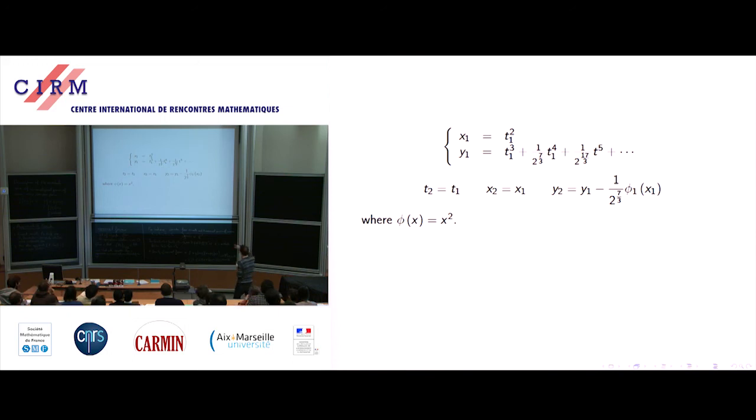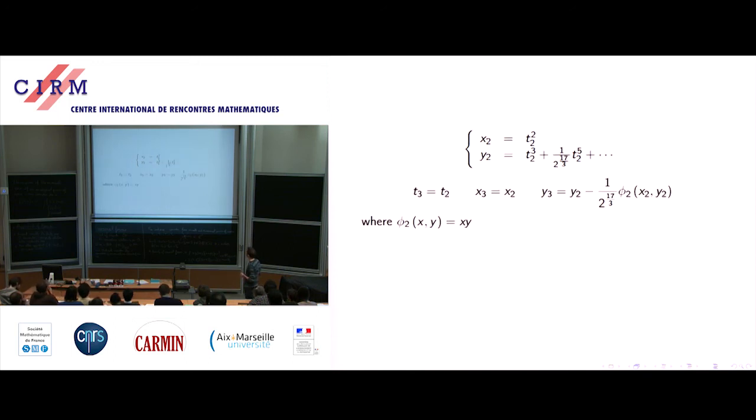And this constant is chosen such that the coefficient in t_1 to the power 4 is going to disappear after this change of coordinates. Of course, if you compute phi_1 of x_1, you get t_1 to the power 4. So after this very small change of coordinates, the coefficient of t_1 to the 4 has disappeared. And of course, this parameterization parameterizes a curve which is analytically equivalent to the initial one. Okay, let's go on.